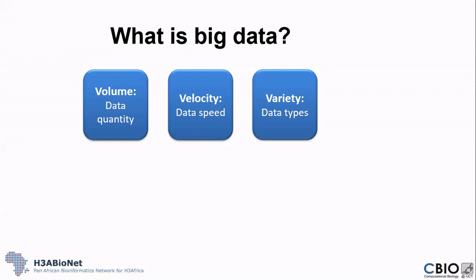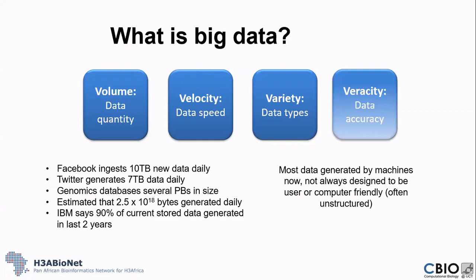Velocity is the data speed. Telescopes can generate data much faster than we do in the lab, but because of robotics, the speed has increased. Then you have variety, and this is the biggest problem, I think, with bioinformatics: the variety of different data types in biology is just huge. And so we're dealing with very heterogeneous data sets, trying to pull them all together.